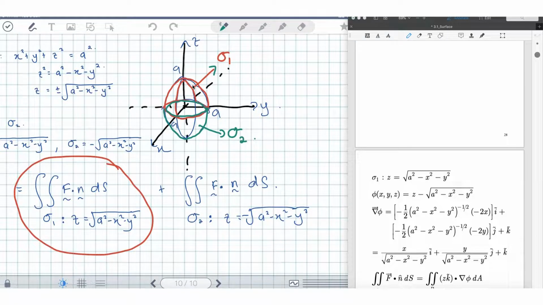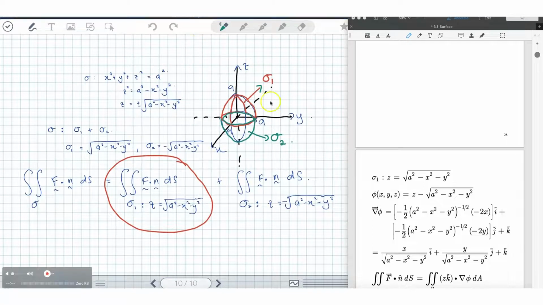Because the question is asking for the whole surface, the whole sphere, you need to total them up. Remember I told you one of the physical meanings of this calculation of the surface integral where F is a vector function: actually we are computing the flux.